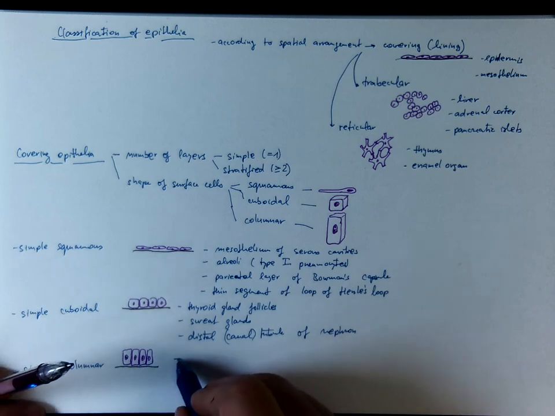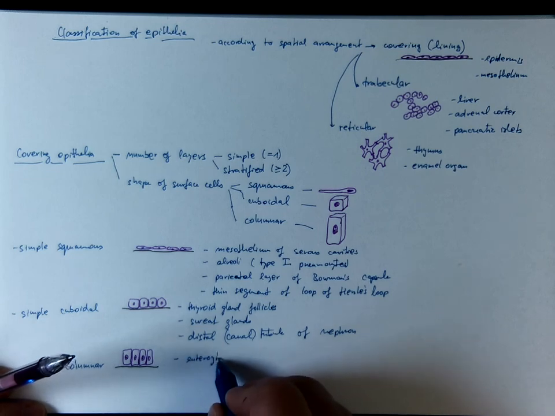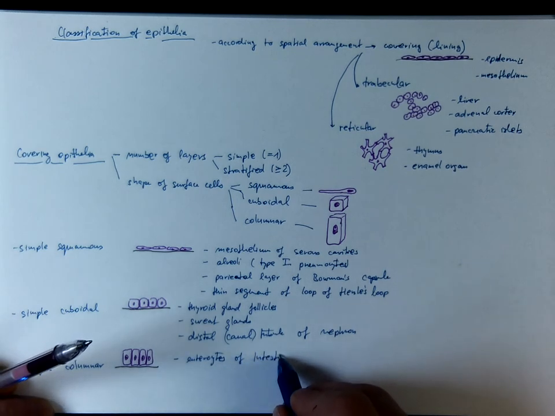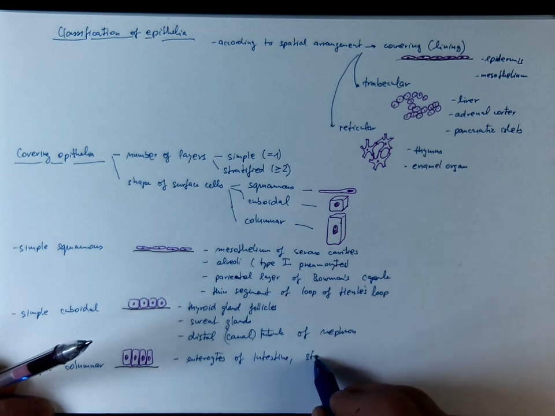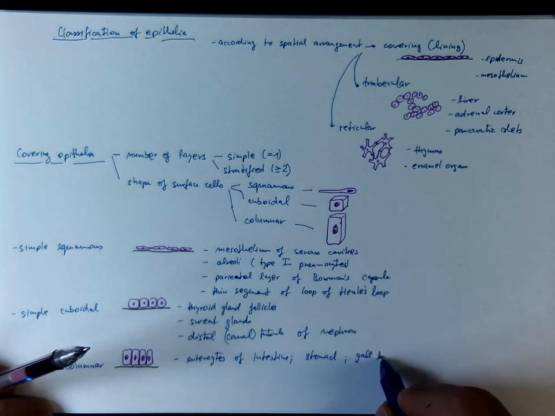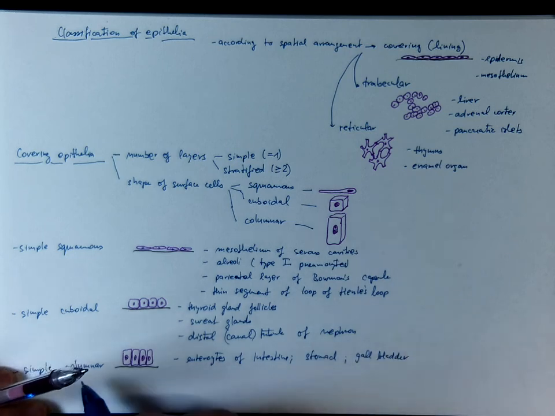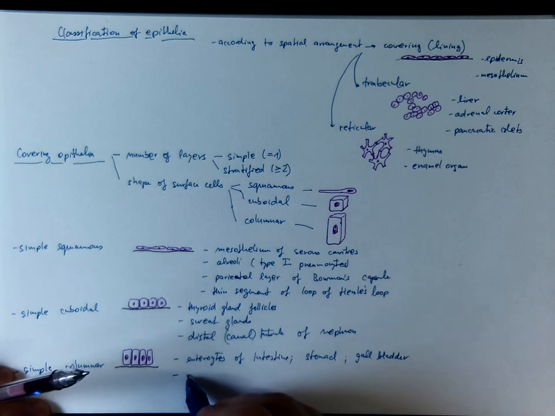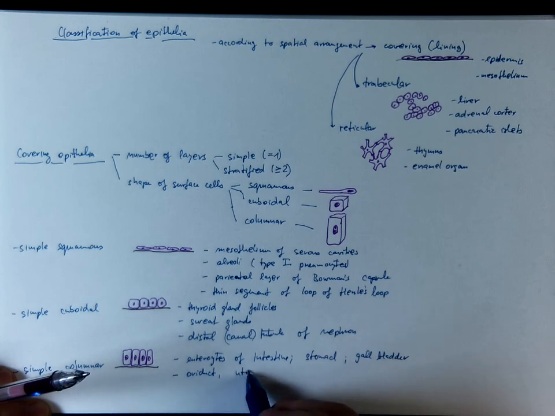And this epithelium lines the large and small intestine, so these are enterocytes of small and large intestine. As the stomach is lined with simple columnar epithelium, and also the gallbladder is lined with simple columnar epithelium. Outside the GIT, a good example would be the oviduct, the fallopian tube, and the uterine cavity.